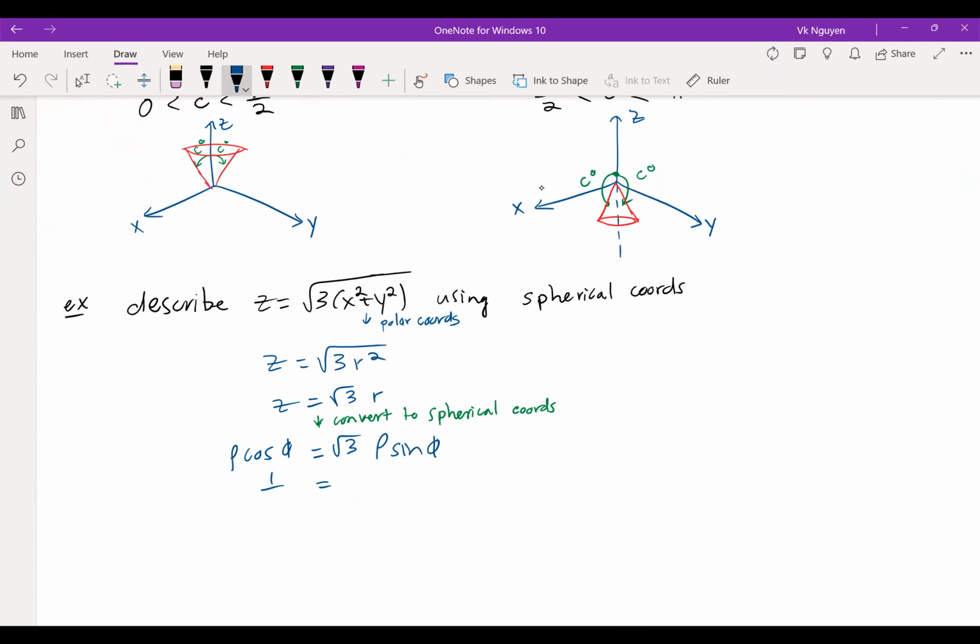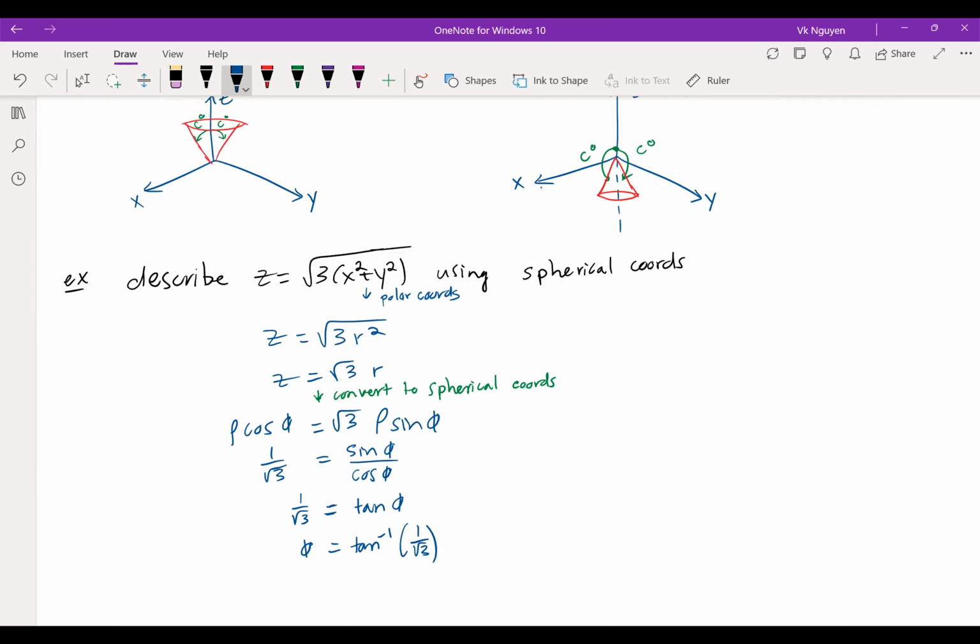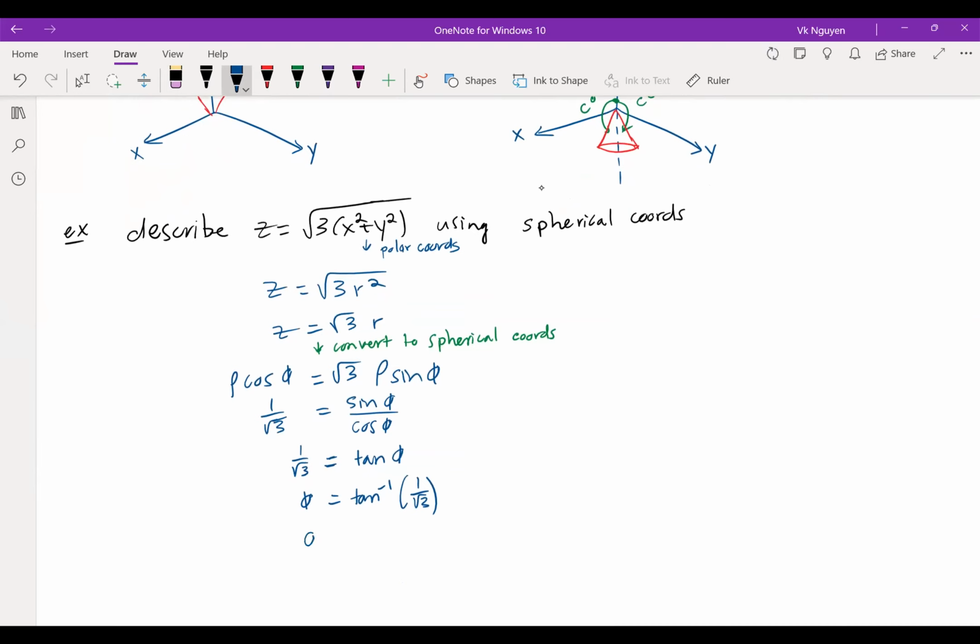That's going to be 1 over root 3 equals sine phi over cosine phi. So tangent phi is 1 over root 3, and from there, can you give me the angle of phi here? Arctangent of 1 over root 3 is pi over 6. Very good.